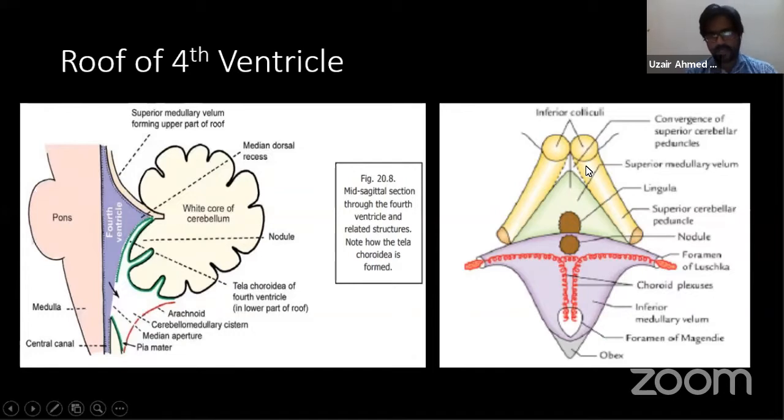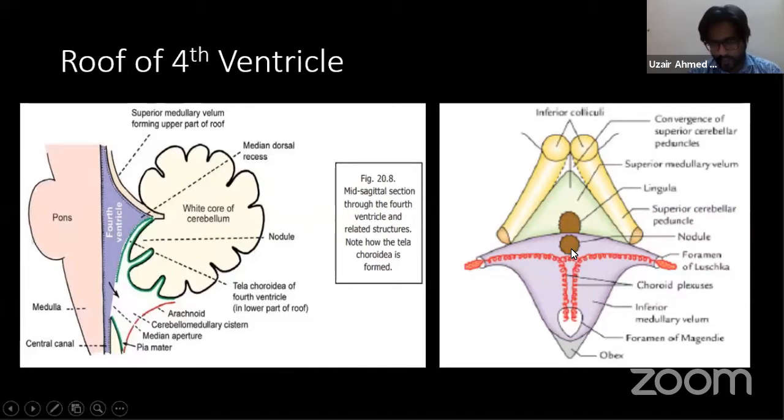Or we can say that the roof of the fourth ventricle is laterally formed by the superior cerebellar peduncle, and between these hangs this whitish membrane that is known as the superior medullary velum, and it is going to connect to the fastigium, and from the fastigium distally we will have another structure, another thin white sheet that is known as the inferior medullary velum.